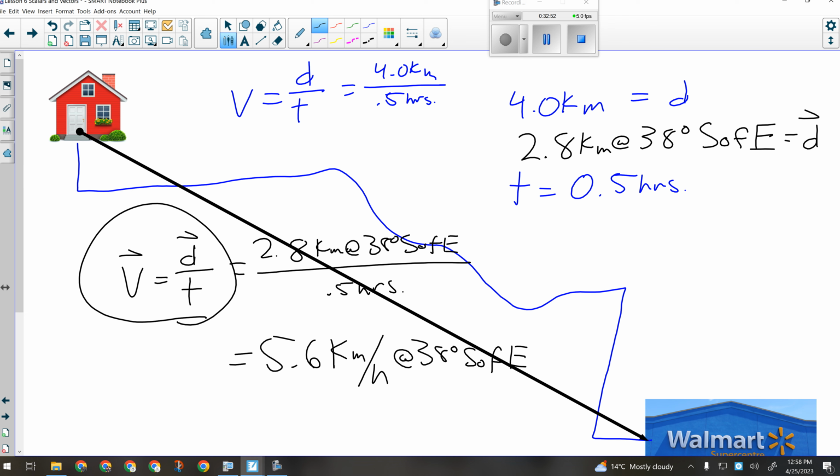We have only a linear perception of time, unless you have a time machine at home, in which case you're going to get really rich, because people will pay to use that. But as far as we know, time only goes forward. Therefore, time is scalar. It can only get bigger. Scalar quantities can only get bigger. If I keep walking, my distance keeps getting bigger, even if I walk backwards.